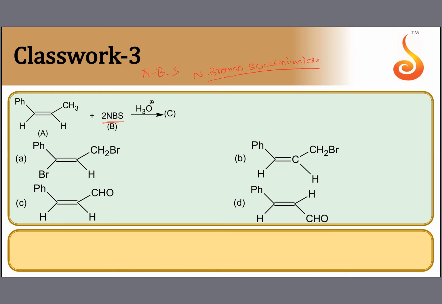N-bromosuccinimide is a specialist reagent used for the bromination at allylic carbon or benzylic carbon. So benzylic bromination or allylic bromination is done by using NBS.